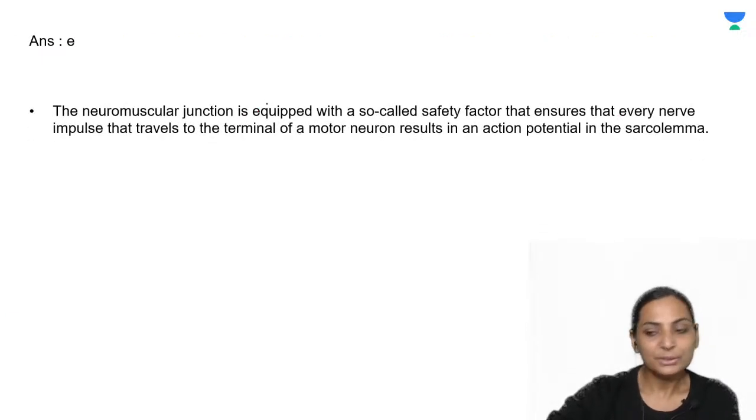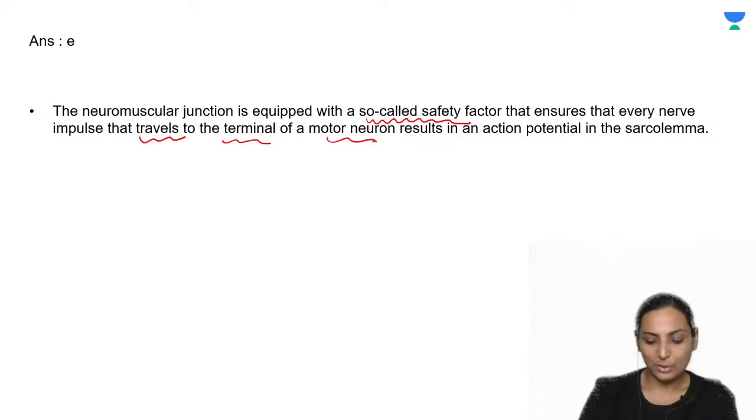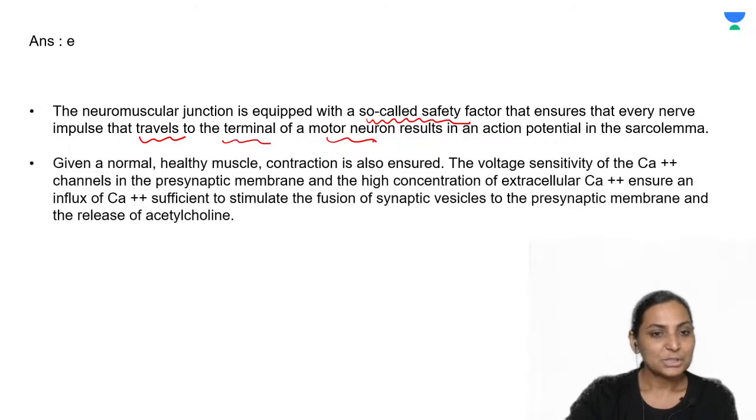So the neuromuscular junction is equipped with a so-called safety factor that ensures that every impulse traveling from the terminal of the motor neuron is going to result in an action potential in the sarcolemma. So in a healthy muscle, contraction is ensured.